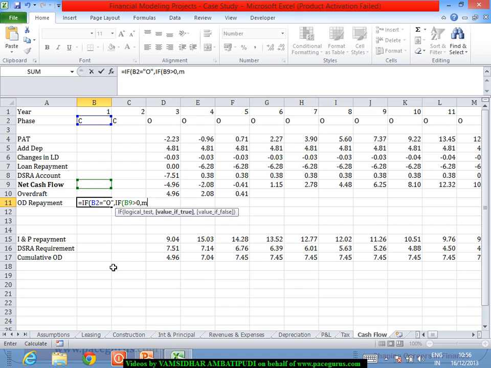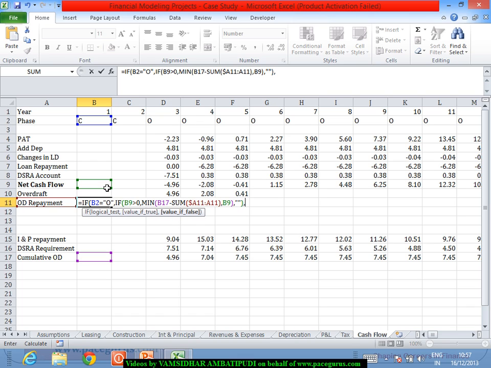So I'll take the minimum of the outstanding OD minus whatever repayment has happened till date, or the total cash flow for this particular year. The minimum of these two is what I will take as the OD repayment.